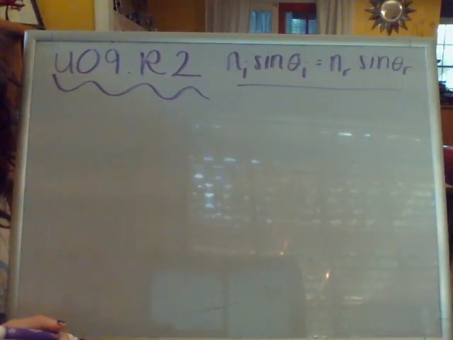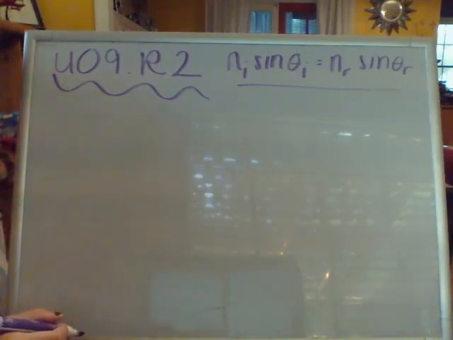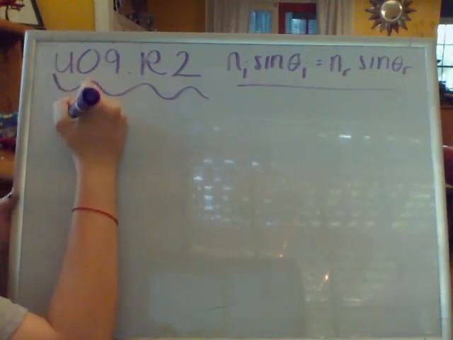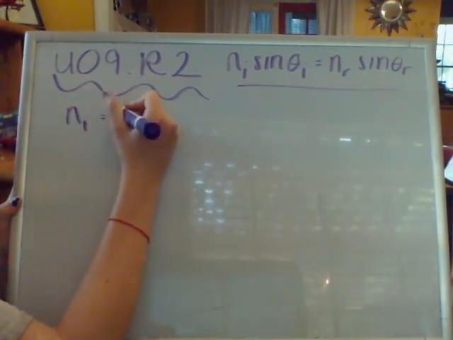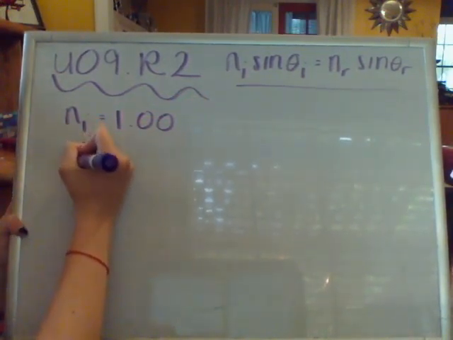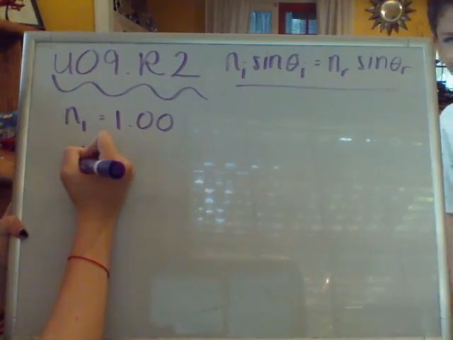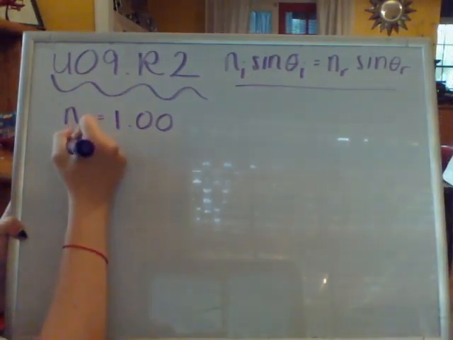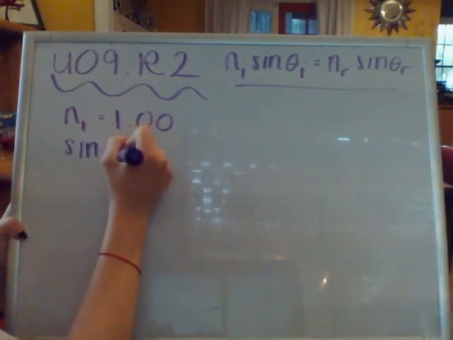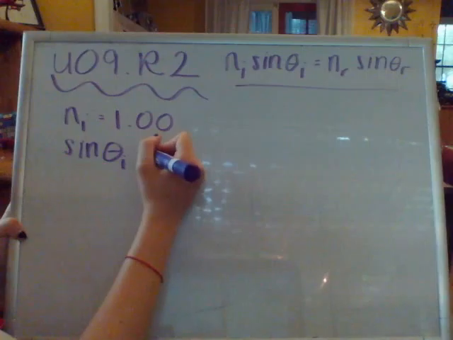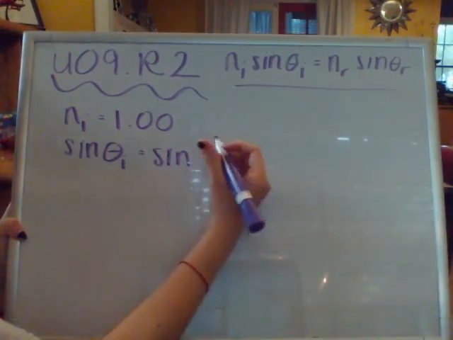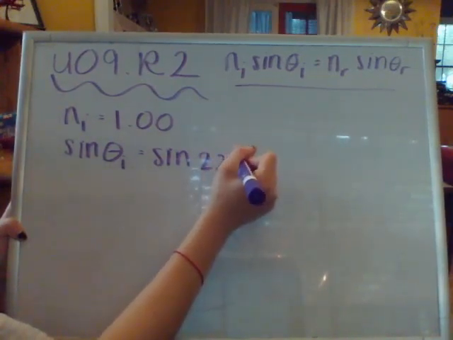So we know that the index of refraction for air is 1.0. So we're going to call it Ni. So Ni equals 1.00. And then we know that the angle of incidence is going to be sine theta I, and sine theta I is going to be sine of 22 degrees.